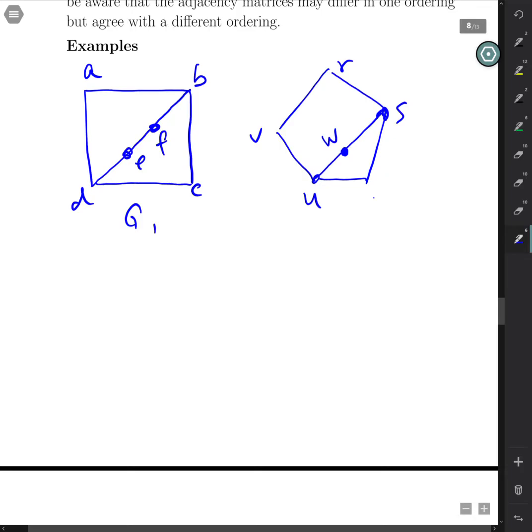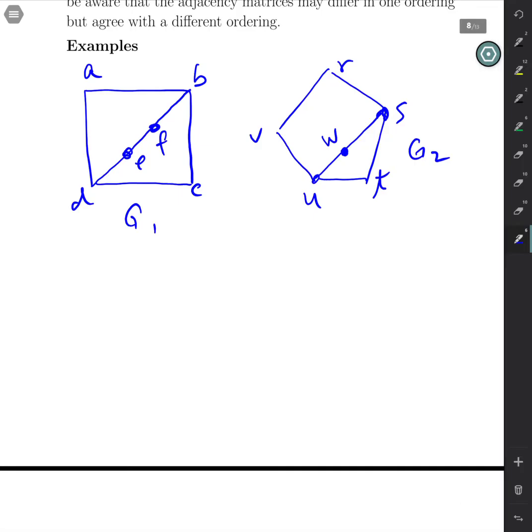So these may or may not look isomorphic to you. I mean, they certainly don't look the same, but are they the same in some way? Well, a way to focus your attention when you're looking at graphs, trying to see if they're isomorphic, is to pay attention to things like the degrees of the vertices.